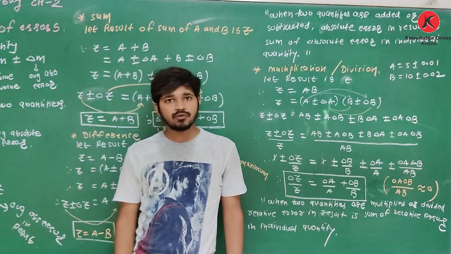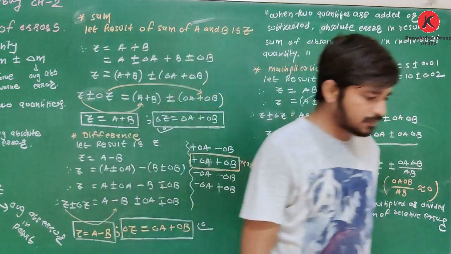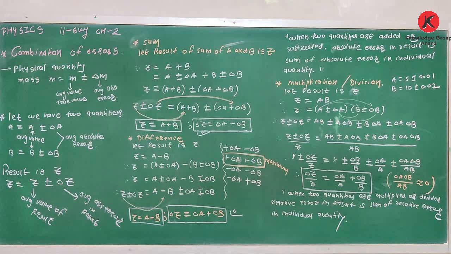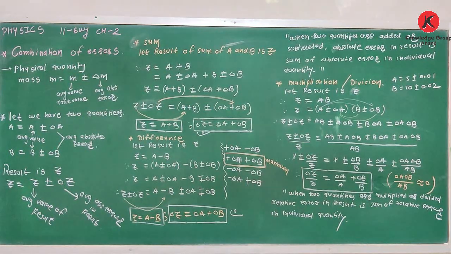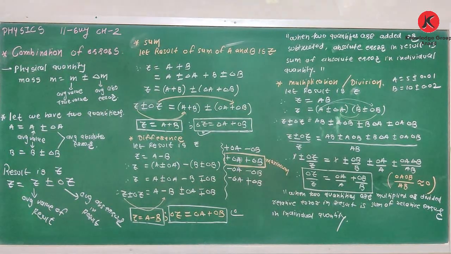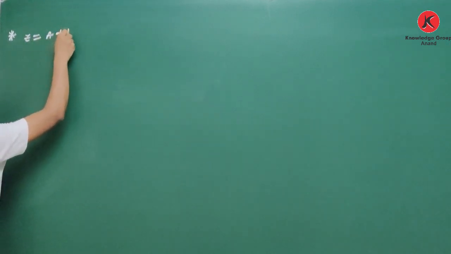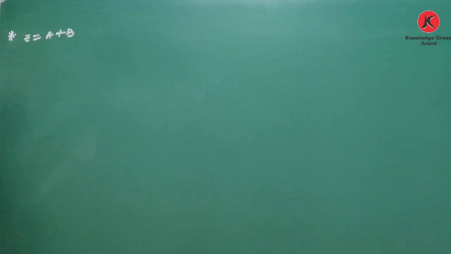Write down from the board. See, conclusion. If Z is equal to A plus B, then what is the error in the result?